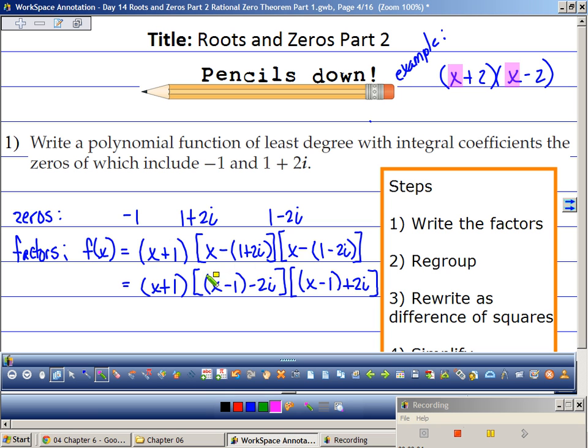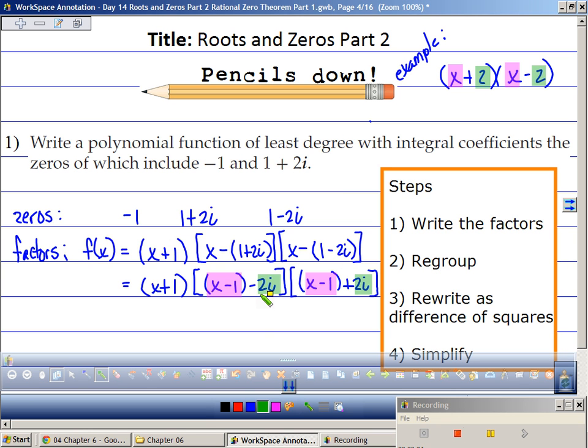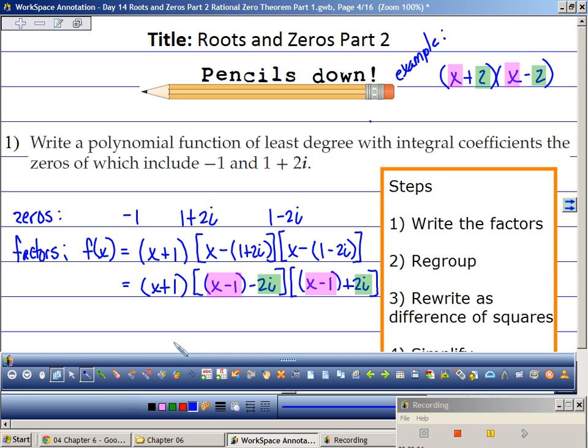My x's would be right there, and my constants would be right there. See how they match? The only thing different between them is plus, minus, and minus, plus. Can you see it? Okay.